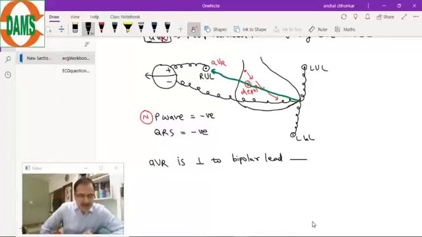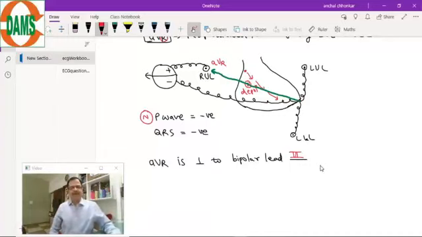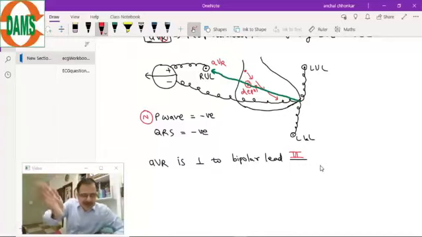Yes, very good, it will be perpendicular to lead 3. Because that is the direction of lead 3, joining the left upper limb and left lower leg. So AVR is perpendicular to bipolar lead 3.